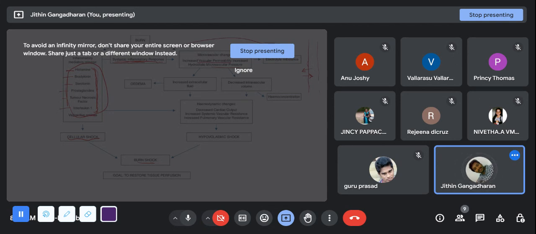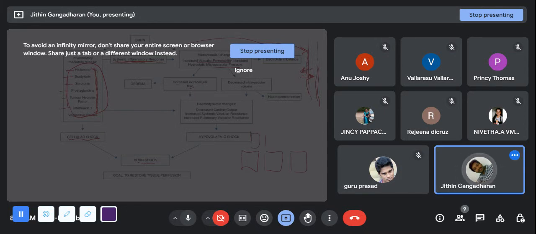So once the permeability of the blood vessels changes, fluid may move in and out of the blood vessel, which may lead to increased extracellular fluid. We have explained this is a cell, this is a cell, right?